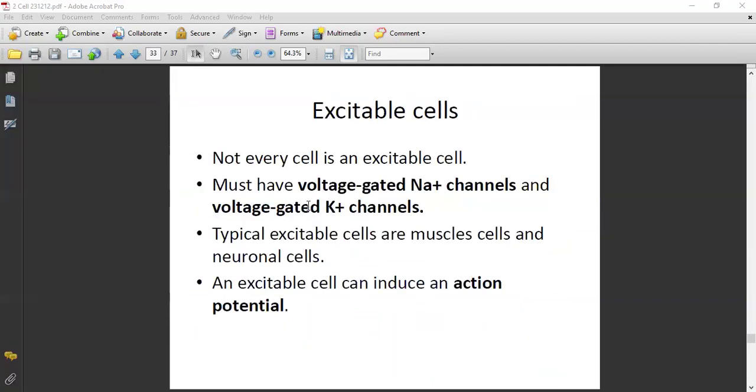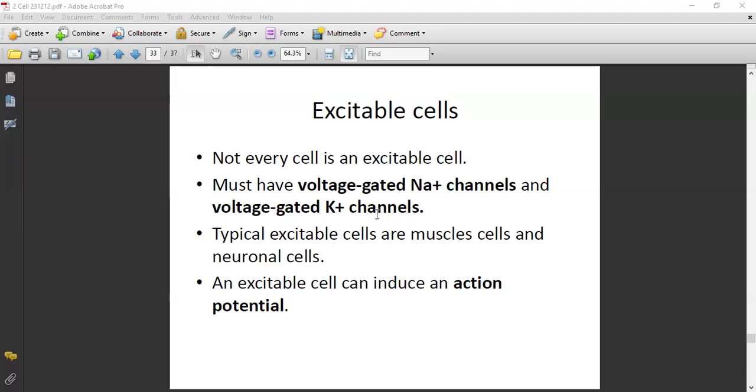Not every cell is excitable, but those excitable cells have to produce two types of protein: a voltage gated sodium channel and a voltage gated potassium channel. Not every cell has these two though, only unique cells. What are those unique cells? Muscle cells have them. Neuronal cells have them.